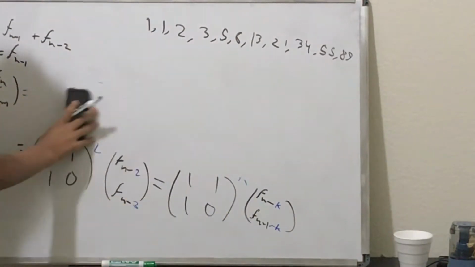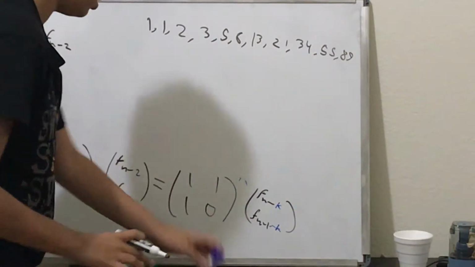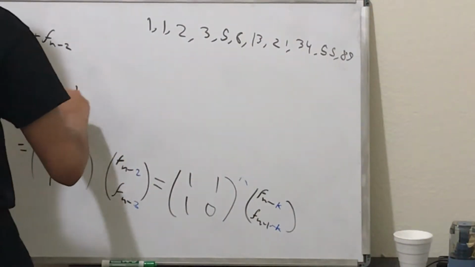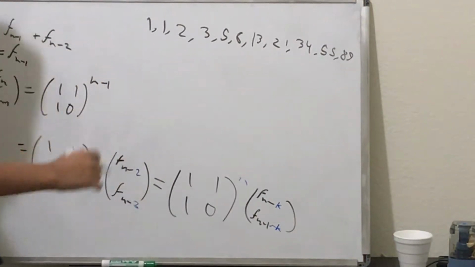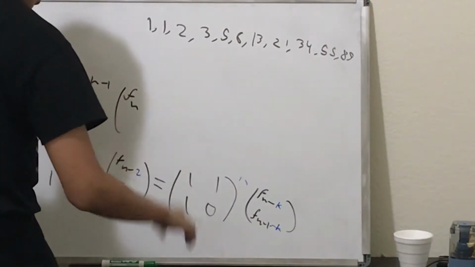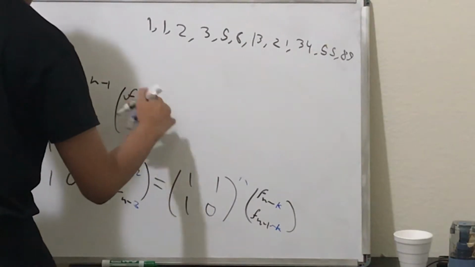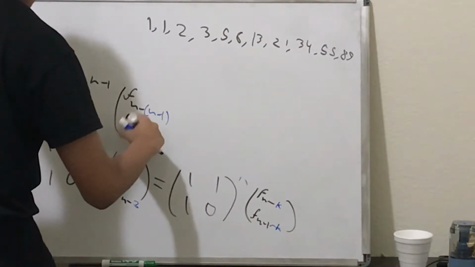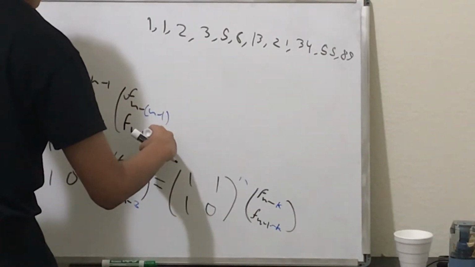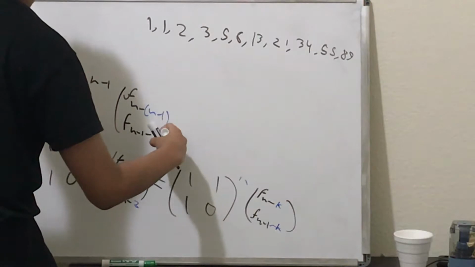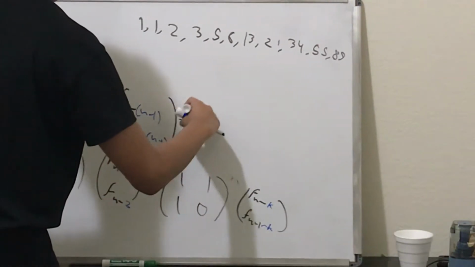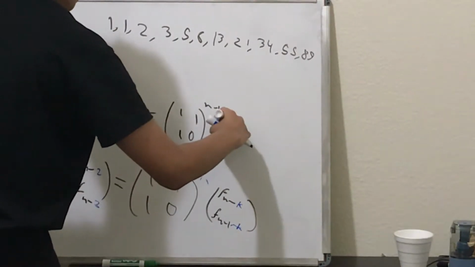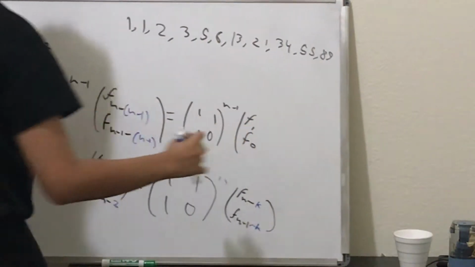So we get 1, 1, 1, 0 to the n minus 1 power times F of n minus (n minus 1), and then F of n minus 1 minus (n minus 1), which is going to be equal to 1, 1, 1, 0 to the n minus 1 applied to F of 1, F of 0 right here.